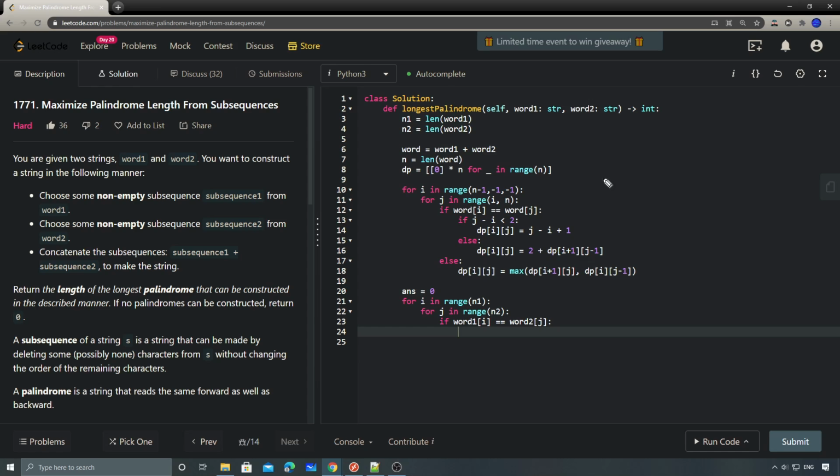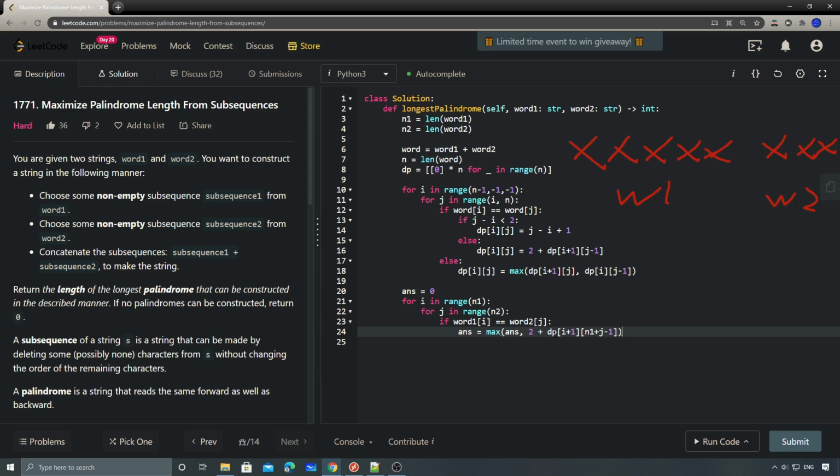So I think from my case, let's say we have some like two. This is word 1, this is word 2, and so the value is going to be answer equals the max of answer, 2 plus dp I plus 1, and then n1 plus j minus 1, right?